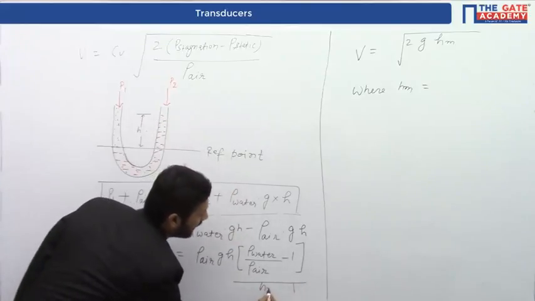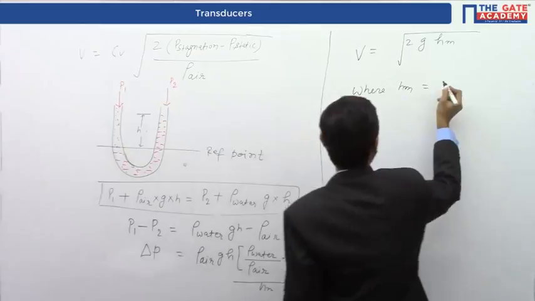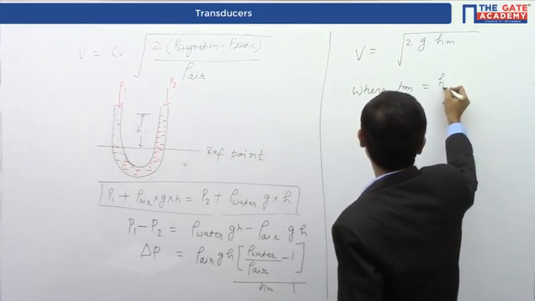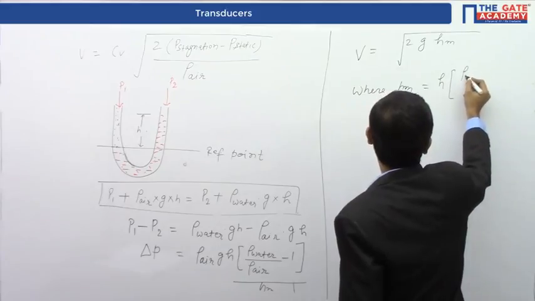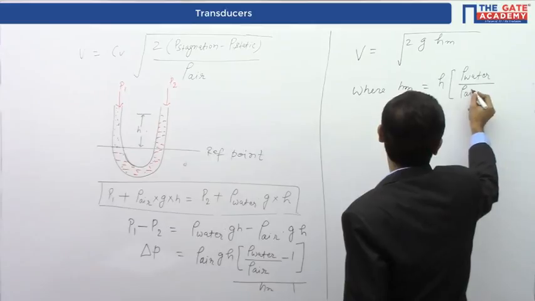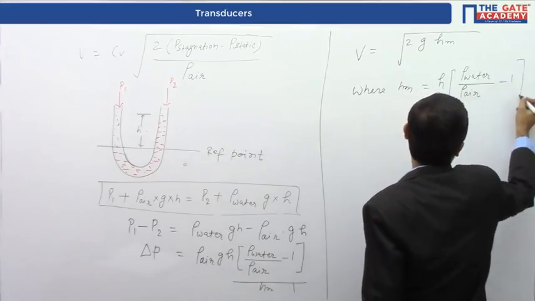This is our Hm. So this Hm equals H into (rho of water by rho of air minus 1).